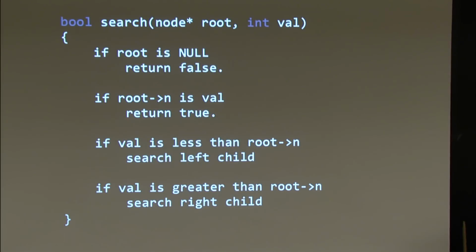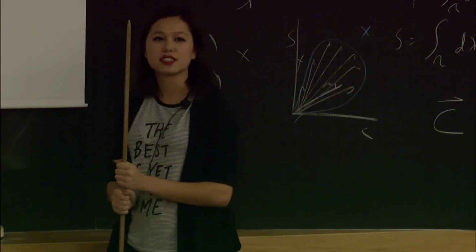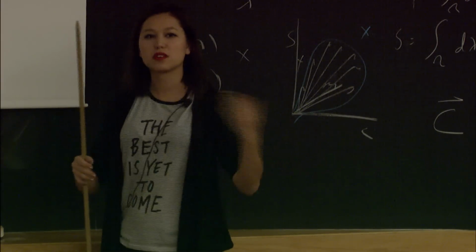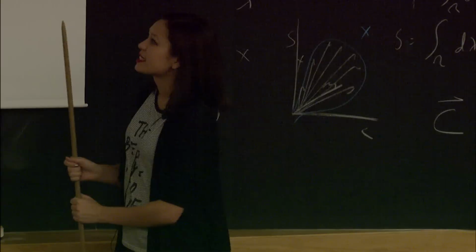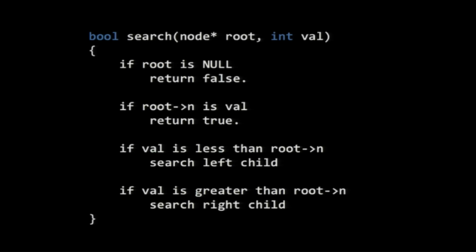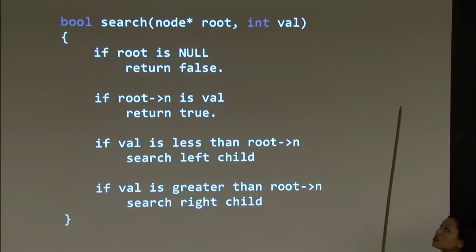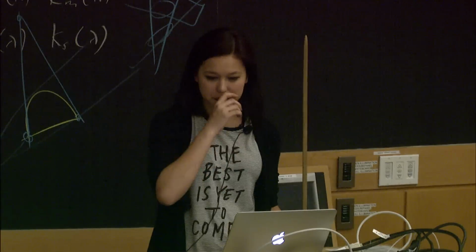Except instead of looking at half the array, we're just looking at either the left side or the right side of the tree. So it gets a little simpler, I think. If your root is null, obviously it's just false. And if it's there, obviously it's true. If it's less than, we search the left. If it's greater than, we search the right. It's exactly like binary search, just a different data structure: instead of an array, it's a binary tree.